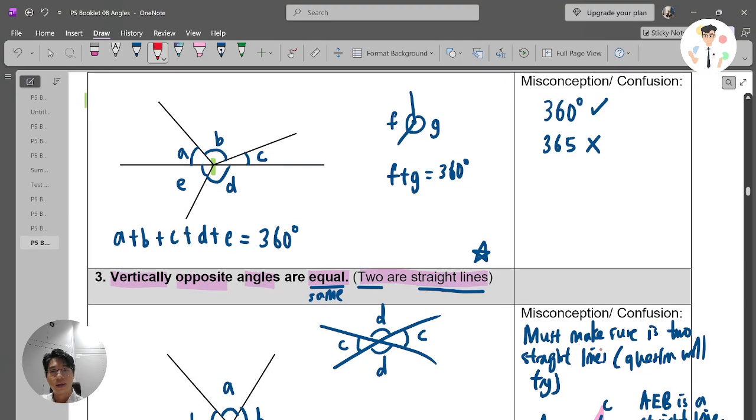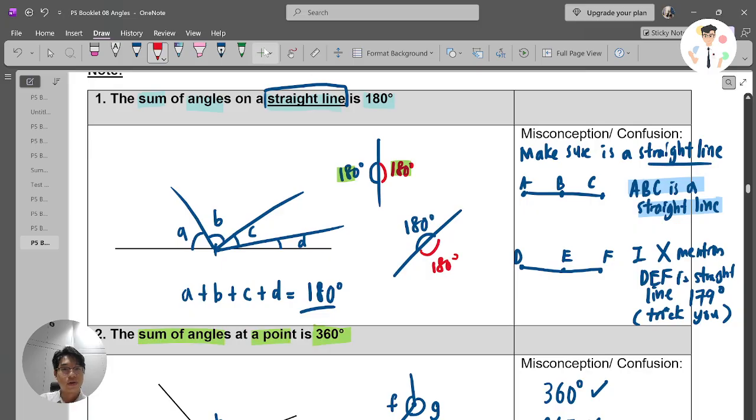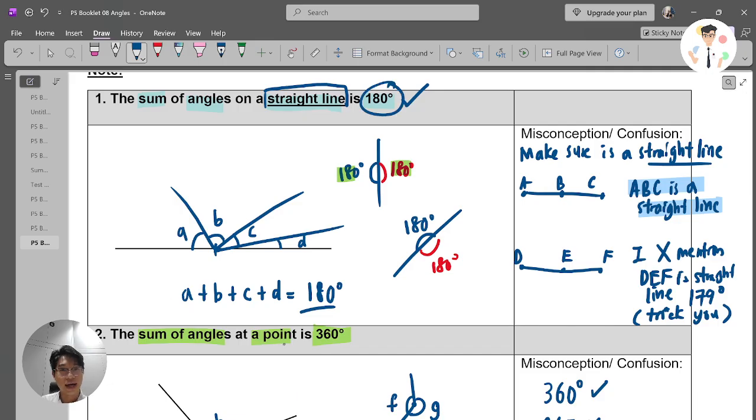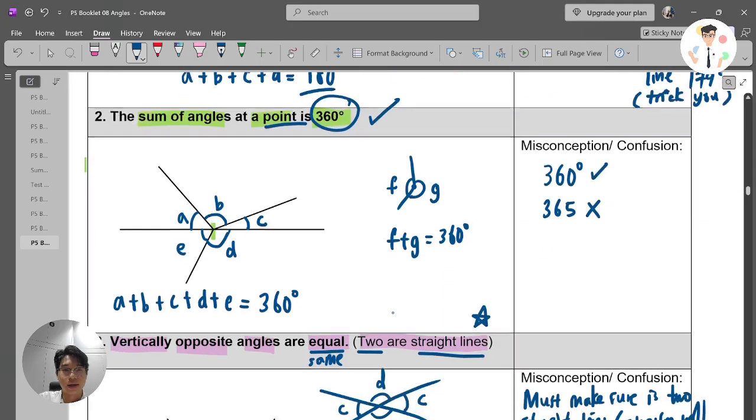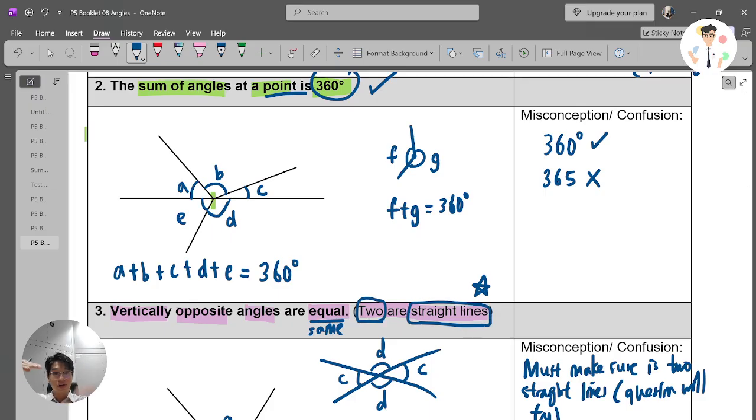So let's revise it one more time. The sum of angles on a straight line is 180. Next, the sum of angles at a point is 360. And when two straight lines are crossing, intersecting each other, the vertical opposite angles are equal.